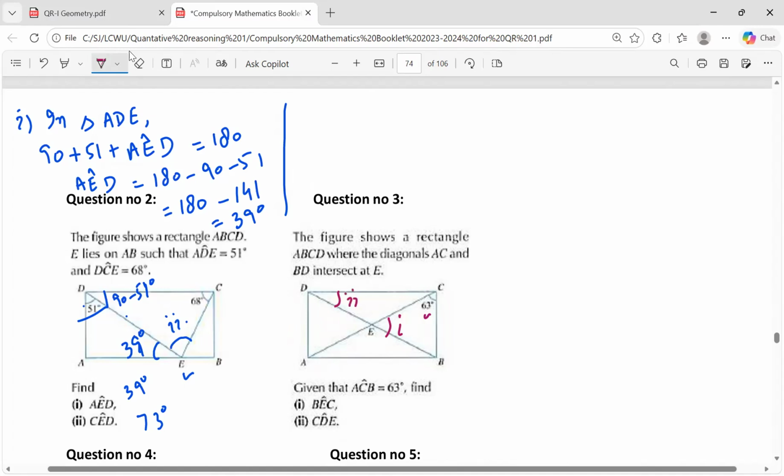First, since this angle is 63 degrees and these two sides are parallel, this one angle will also be 63 degrees. And this is a right angle triangle, so this one angle is 90 minus 63. Let's find this angle first.